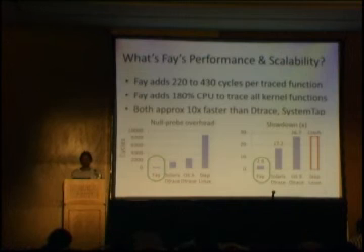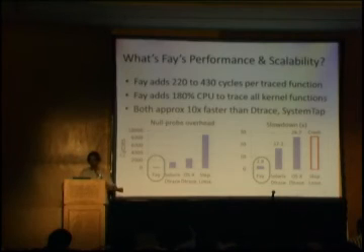Okay, so much for the implementation. What's Fay's performance overhead and scalability? As I said earlier, Fay adds around 220 to 430 cycles per traced function. How big that overhead is depends a little bit on the depth of the call stack that Fay needs to unwind. So in a very deep call stack setting, we had around 430 cycles.